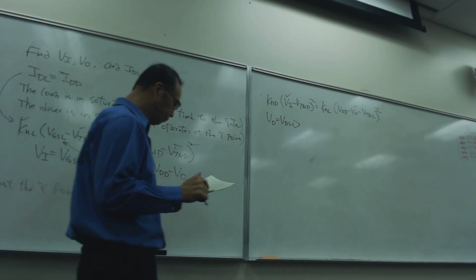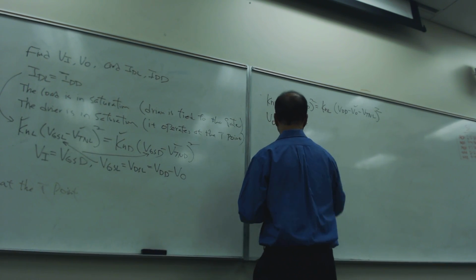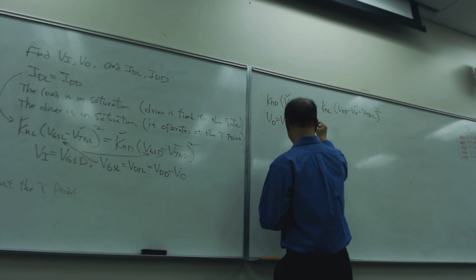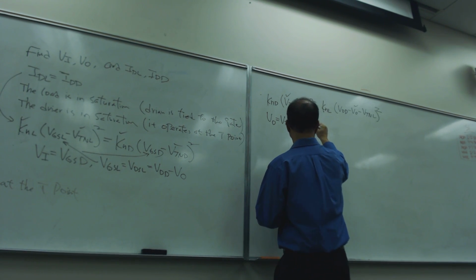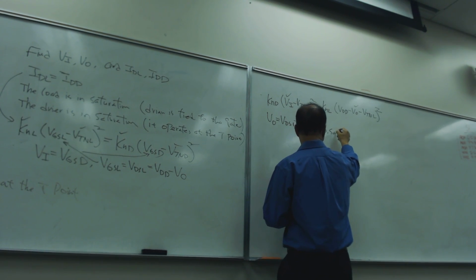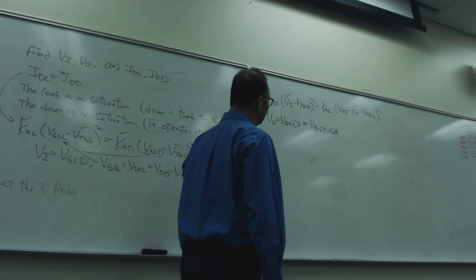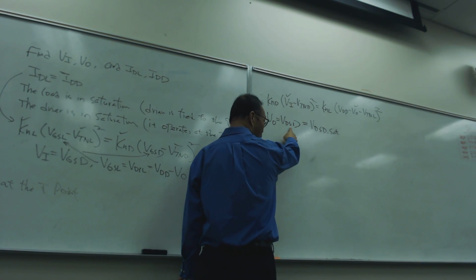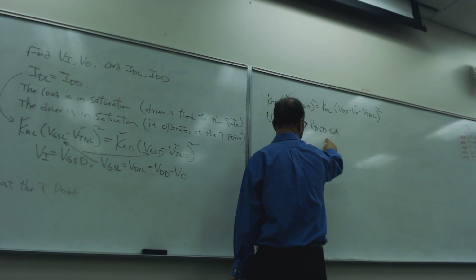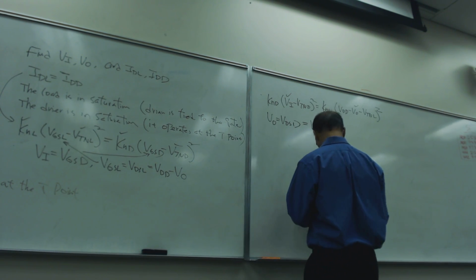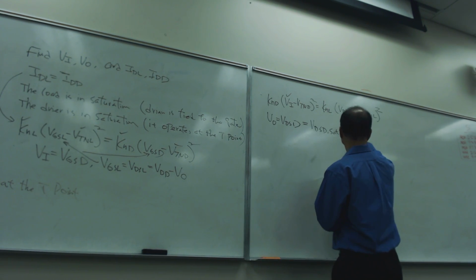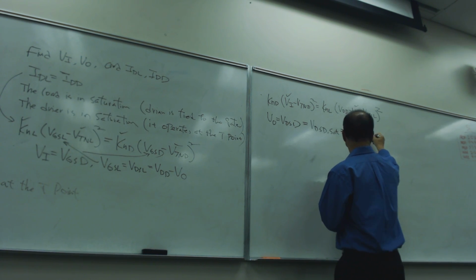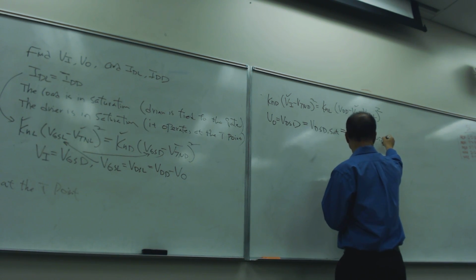And that is equal to VDSD saturation, yes? Because this MOSFET is at the key point, so therefore it's the same as the saturation. That is equal to VGSD minus VTND.